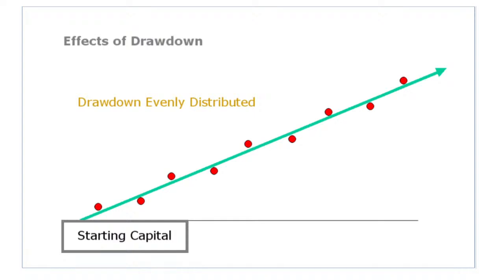So this gives us a smooth equity curve to the upside, and we're basically padding our original capital with house money, right? The system made us the money. Now we got a buffer of money, and everything's great.